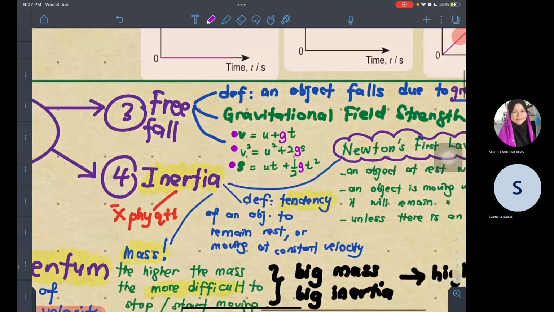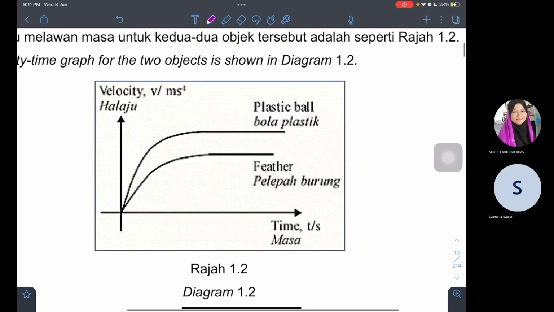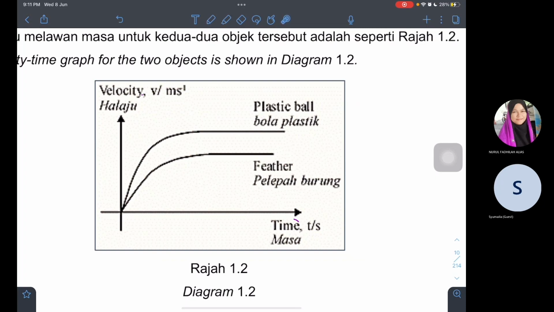Okay. Kita contoh soalan. So now kita ada satu graph. Graph apa? Kita ada graph velocity against time. Jadi kita tengok graph ni adalah combinations of. Okay, kita tengok satu. Kita tengok velocity ni. Nampak kat sini? Dia increases. Nampak tak? Tapi at one point, the velocity starts to become constant.